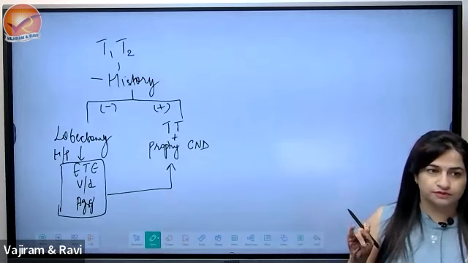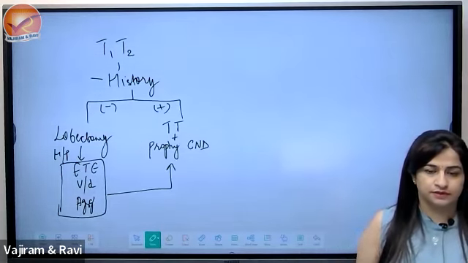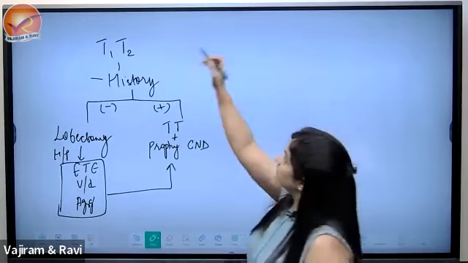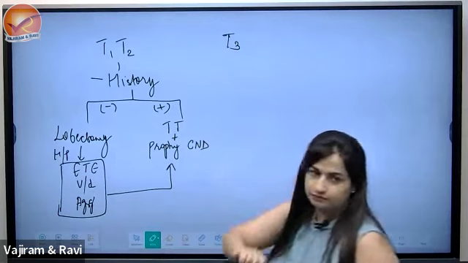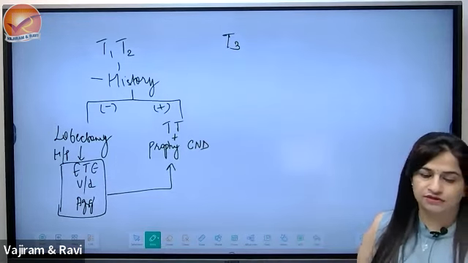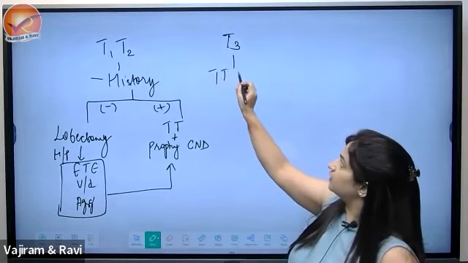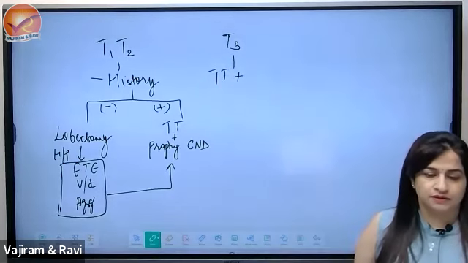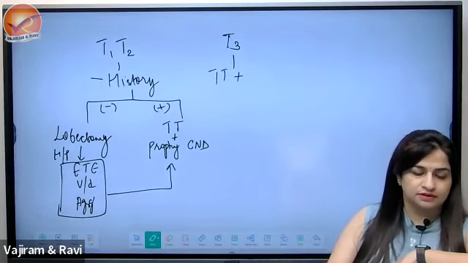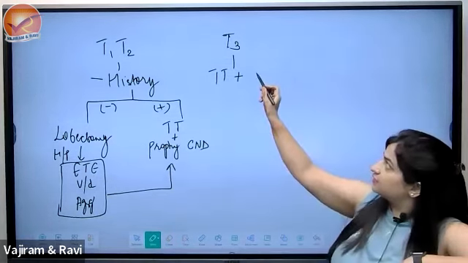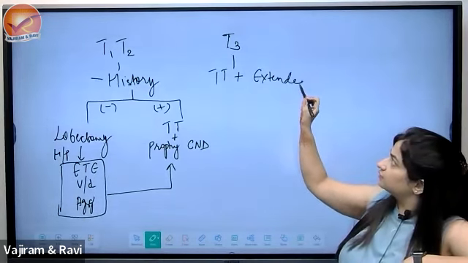Any confusion so far? Next we come to T3. If it is T3, we will do total thyroidectomy plus any extended resection if needed.